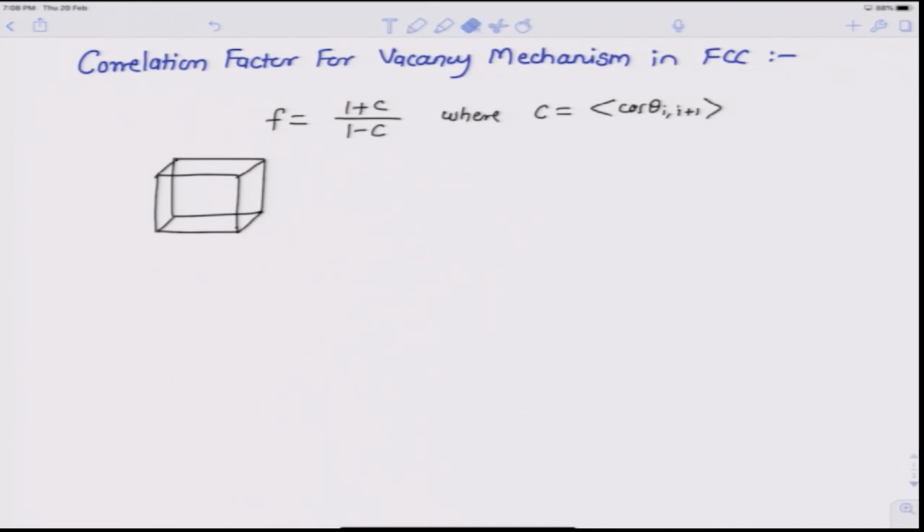So, let us consider the stacking of 100 plane of FCC. So, this is one plane, the other one we can draw here, and one on the right side of this we will have to extend, we have to draw the second cube here.